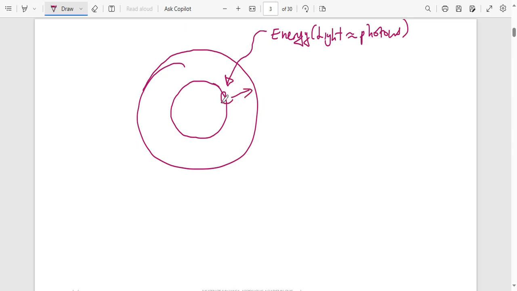It has jumped from a lower energy level to a higher energy level. Now, when you have an electron in a higher energy level, this electron loses energy and will drop to a lower energy level. When energy is being lost, we use a negative sign to represent it. So when you see energy with a negative, it means it's being lost. Positive means it's being gained.